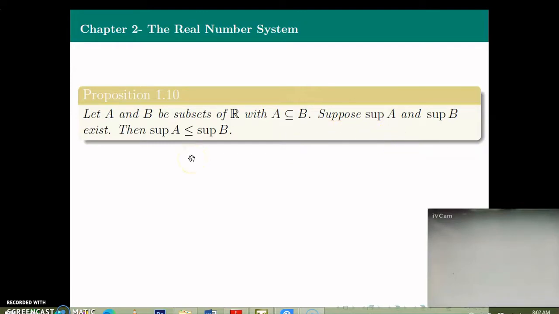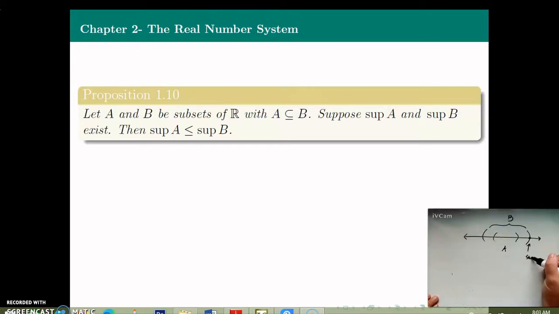Then the supremum of A is less than or equal to the supremum of B. So in this illustration, say this is the set A, and the bigger set is the set B. Now, the supremum of B is somewhere here.